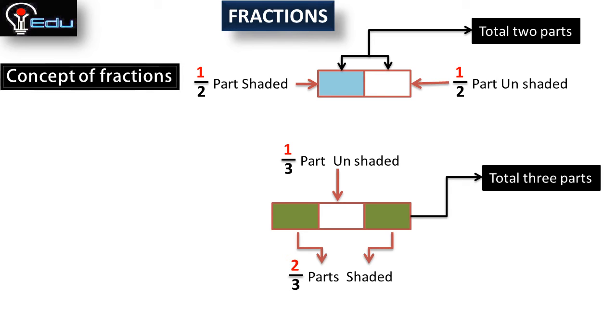Similarly, to represent this unshaded part also we require fractions, that is 1 divided by 3, one unshaded part in the whole 3 parts. This is the concept of fractions using these shaded and unshaded portions.